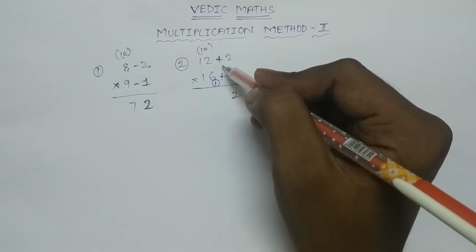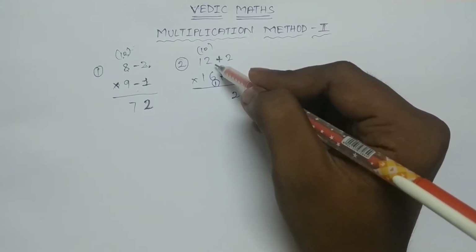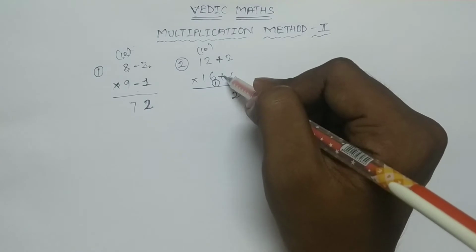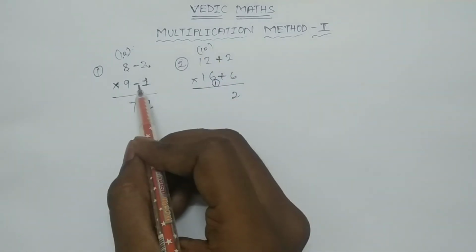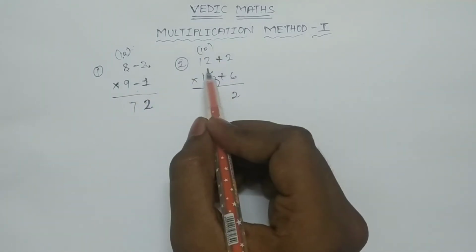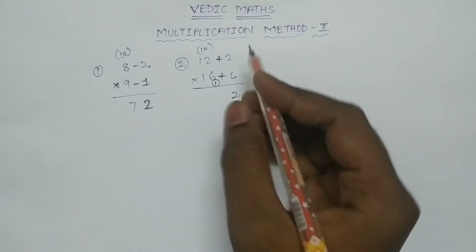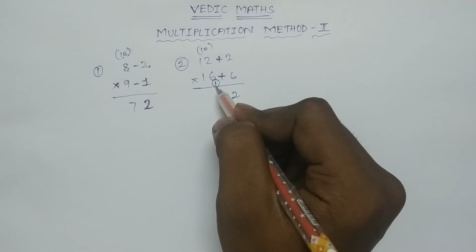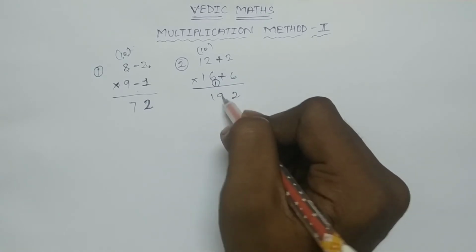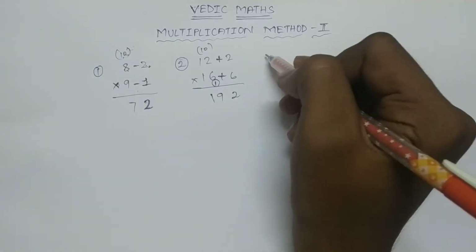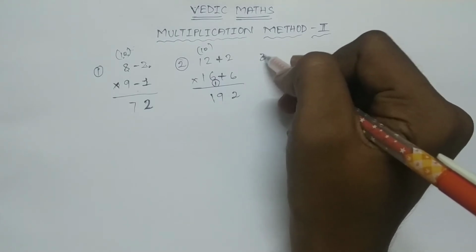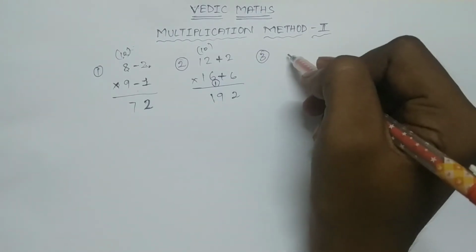The left side value will be obtained by cross addition. Here it is addition, here it is subtraction, here it is addition. So 12 plus 6 or 16 plus 2, it is the same, 18. For 18, 1 will be added here, so it will become 19. The answer is 192.